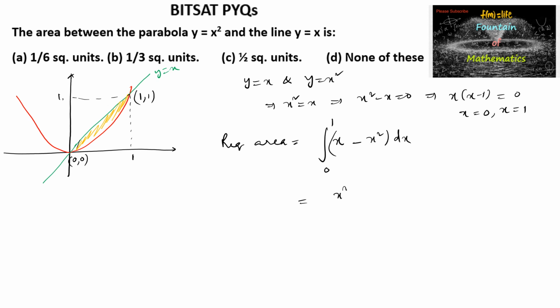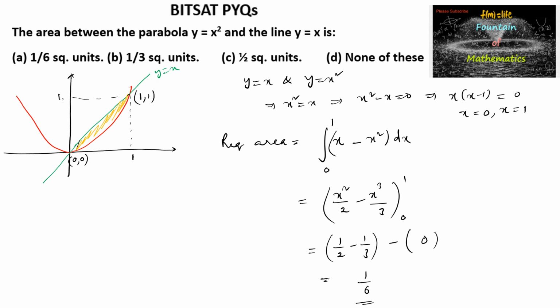So we can write x square upon 2 minus x power 3 upon 3 over the limits 0 to 1. That is 1 by 2 minus 1 by 3 minus 0. So that is (3 minus 2) upon 6, which is 1 upon 6 square units. So 1 by 6 square units is the answer, which is option A.